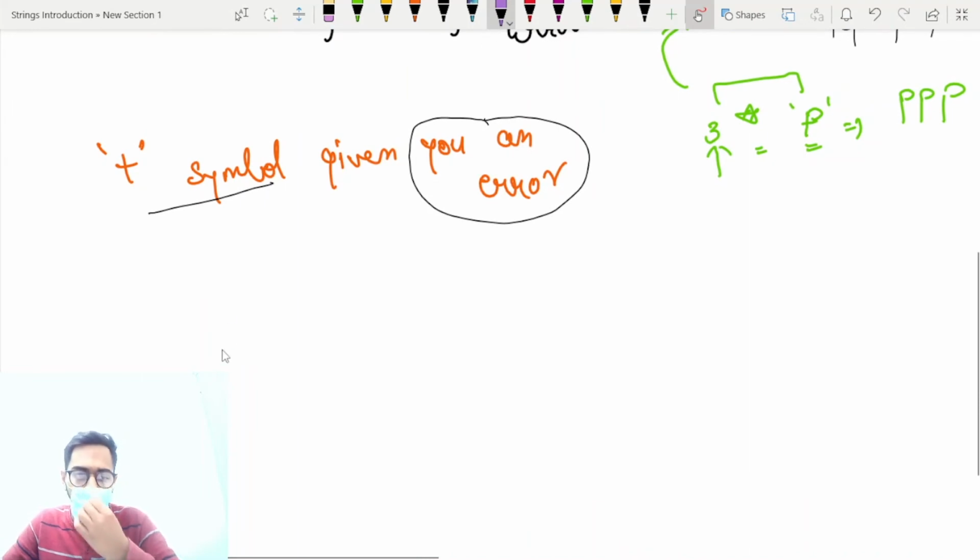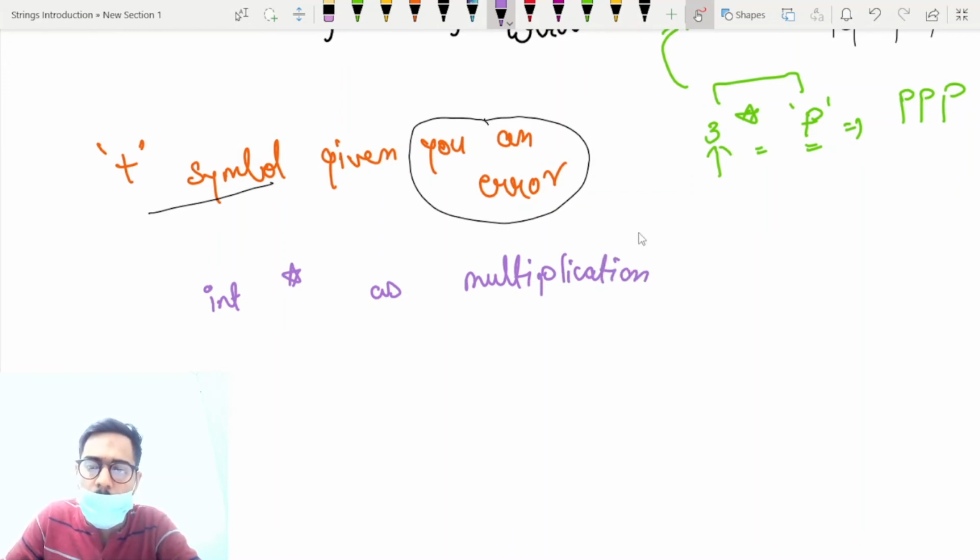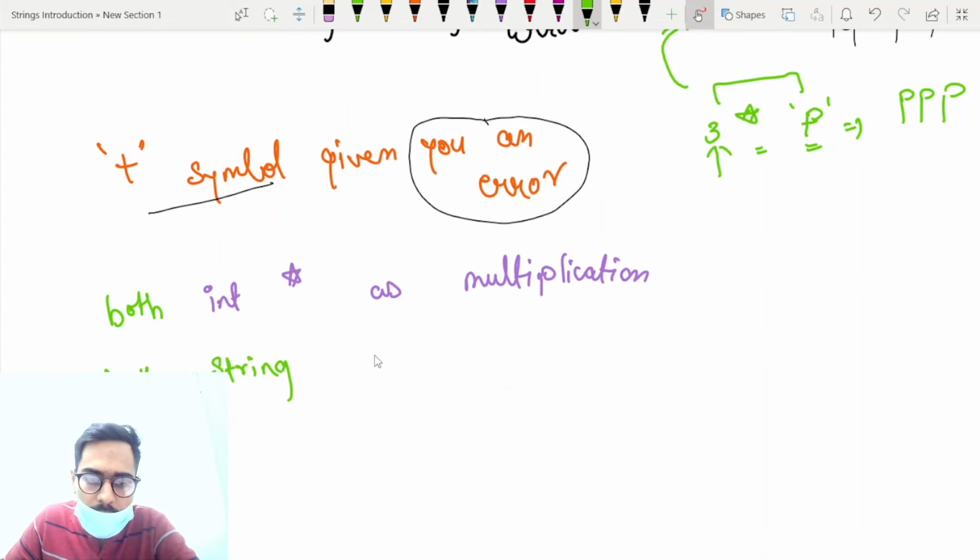The string will get repeated the number of times that is defined by using an integer. So what is the conclusion? If both are integers, multiplication will perform multiplication, remember this line. If both are strings, the symbol will give an error.